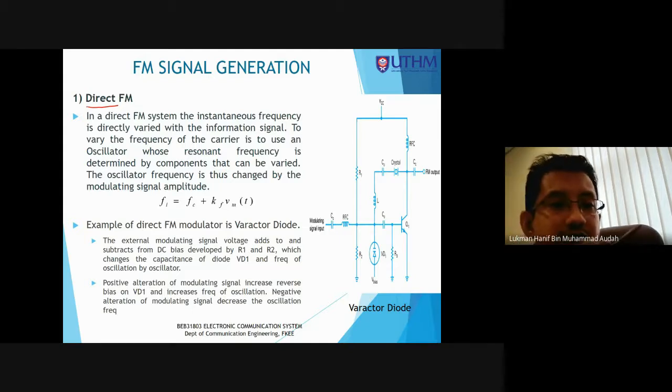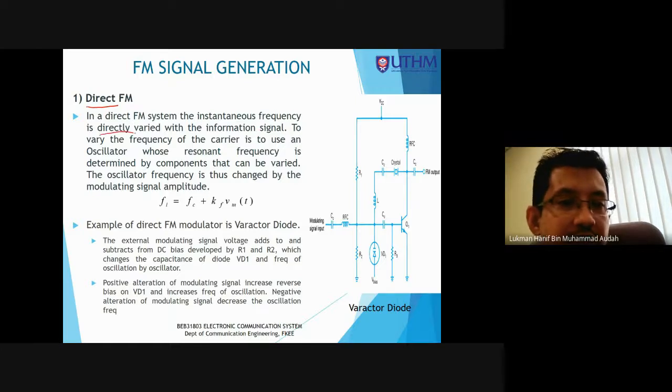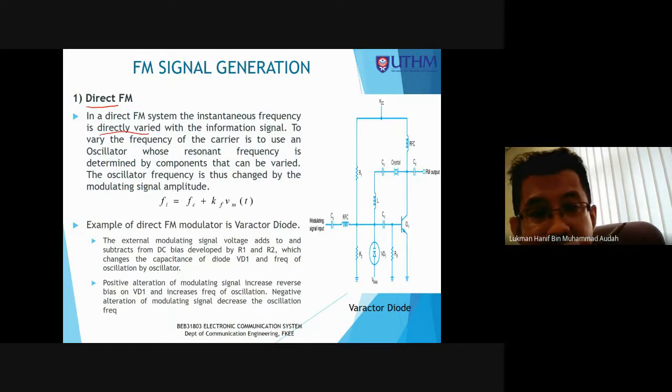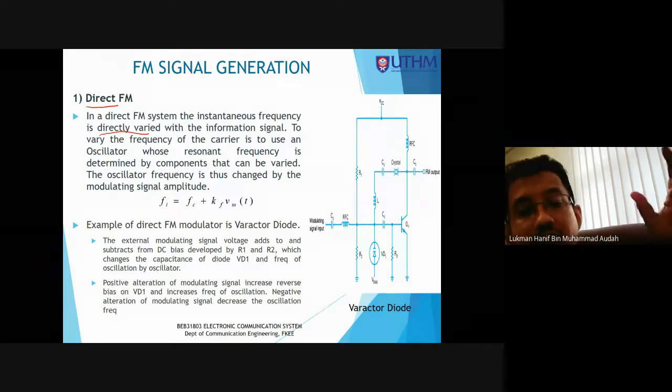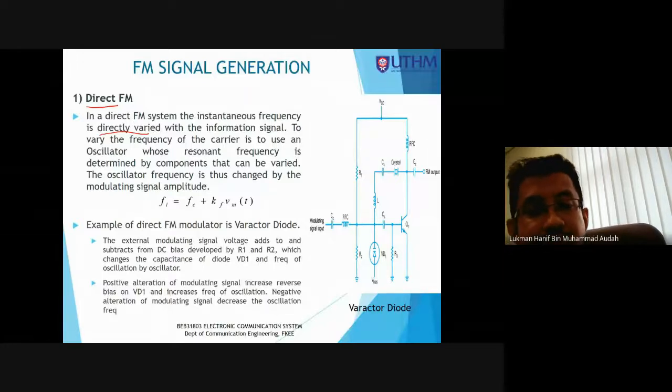Okay, so in direct FM system, the instantaneous frequency is directly varied with the information signal to vary the frequency of the carrier.